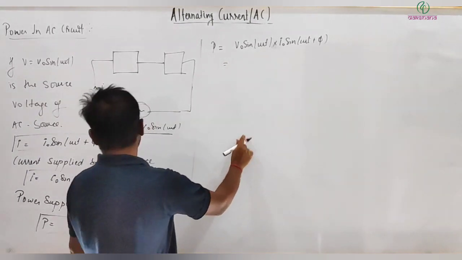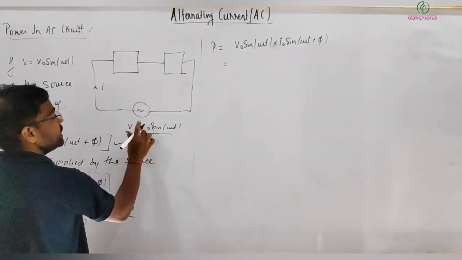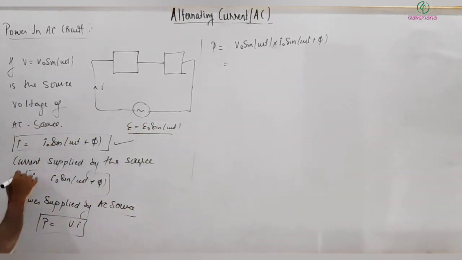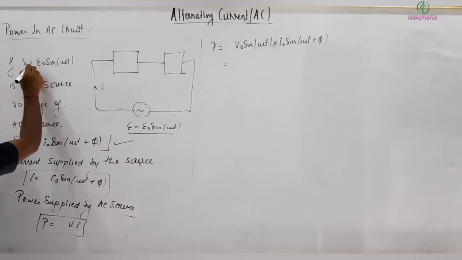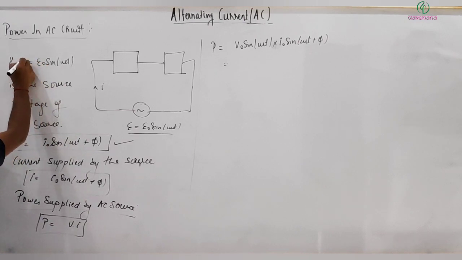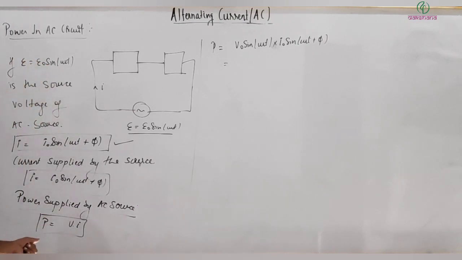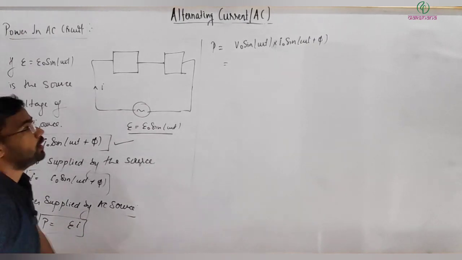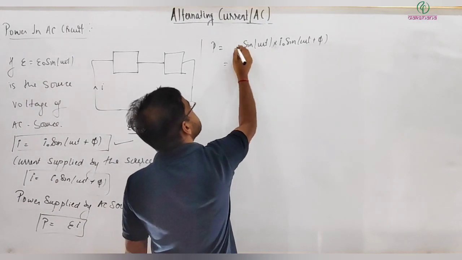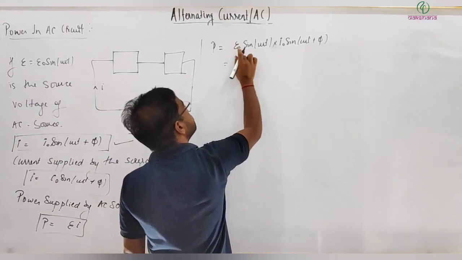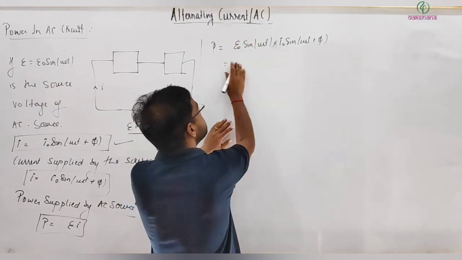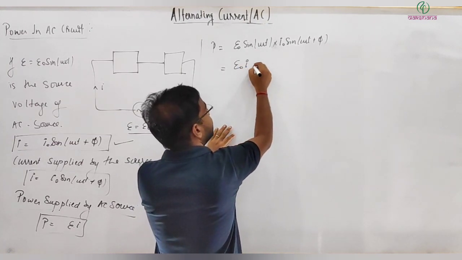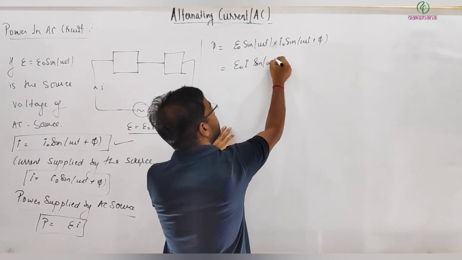Instead of V naught, because I have taken it most of the time as E, let me write it in terms of E naught, where E naught is the peak value. So this comes out to be E naught I naught sine of omega t times sine of omega t plus phi.